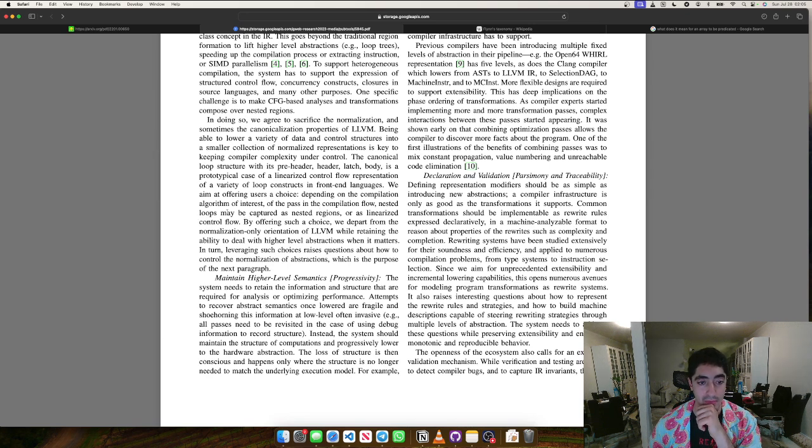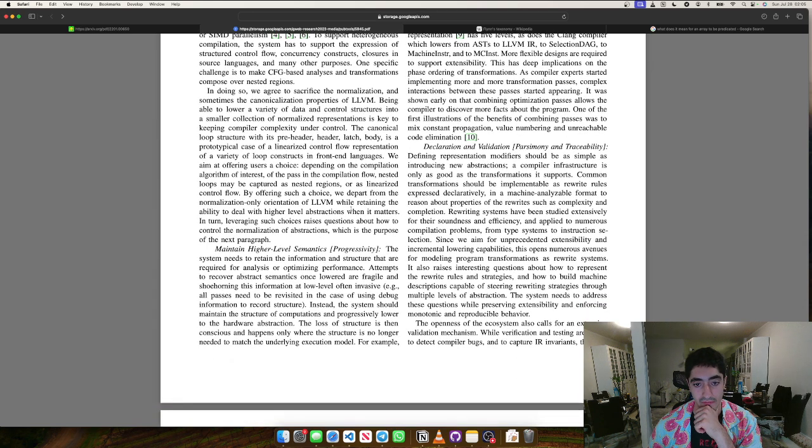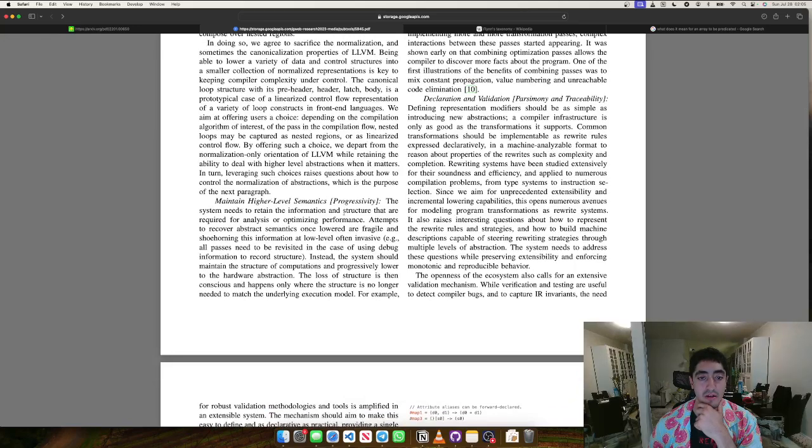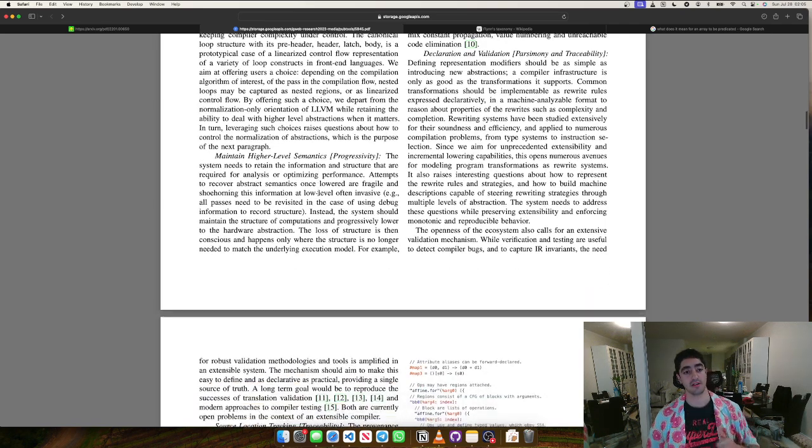Nested loops may be captured as nested regions or as linear control flow. By offering such a choice, we depart from the normalization-only orientation of LLVM while retaining the ability to deal with high-level abstractions when it matters. In turn, leveraging such choices raises questions about how to control the normalization of abstraction, which is the purpose of the next paragraph.